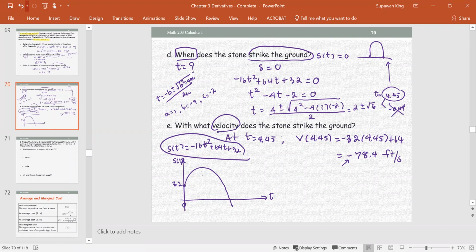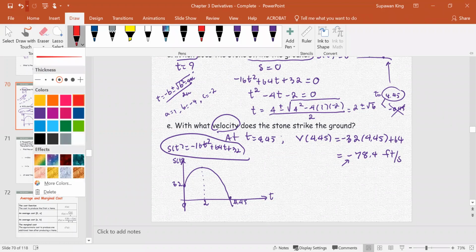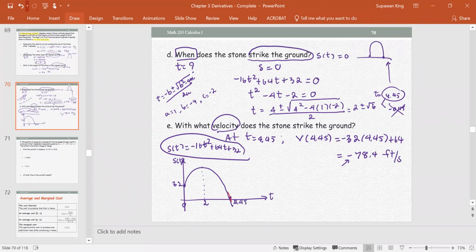It reaches the maximum height at t equals 2, and it strikes the ground at t equals 4.45. At this point, the slope, which is the velocity at the point where it comes back to the ground, or the slope of the tangent line, v, which is s prime, is negative 78.4.